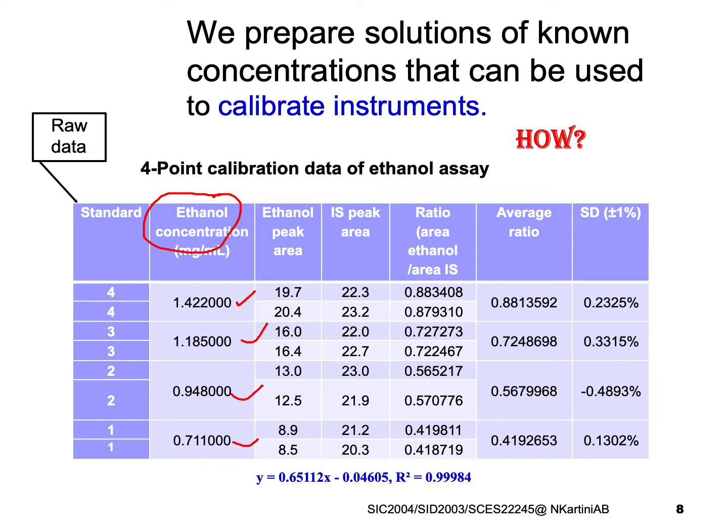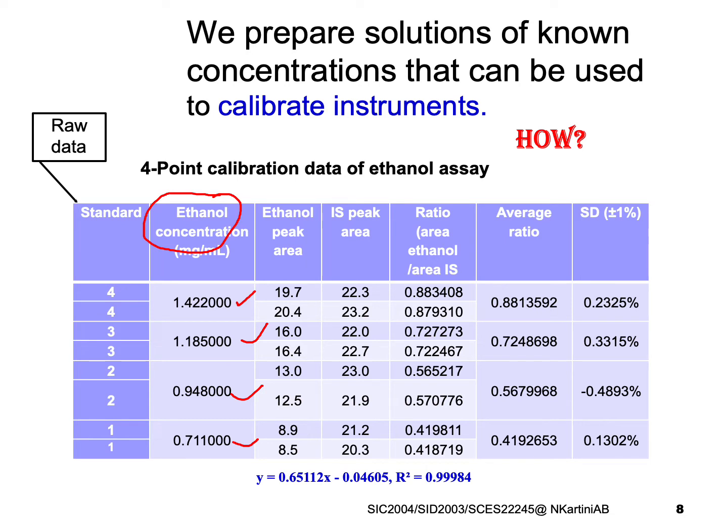When you run this standard through the GC-FID, you get this peak. When you introduce the internal standard, you get another peak. When you take the ratio between these two peaks, you get this value.